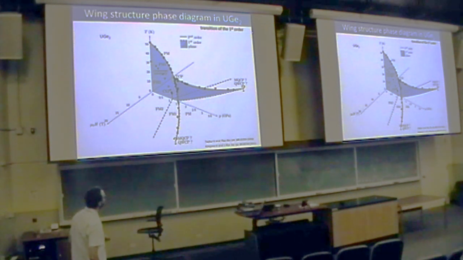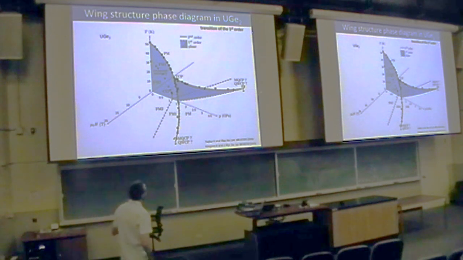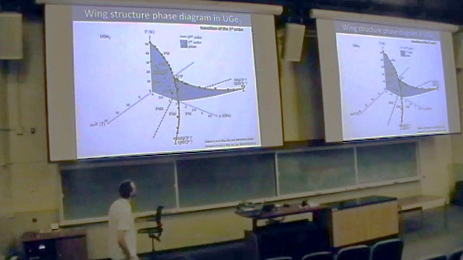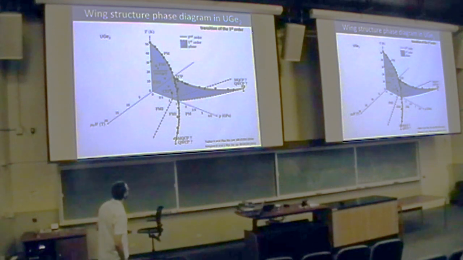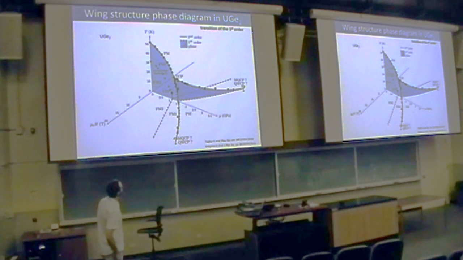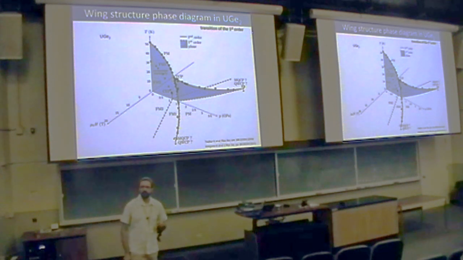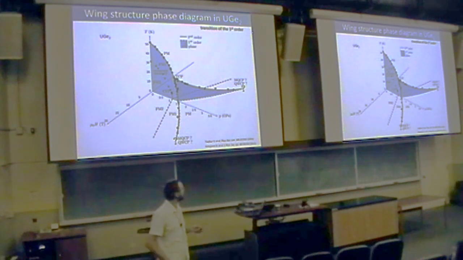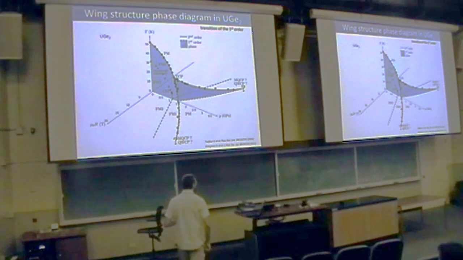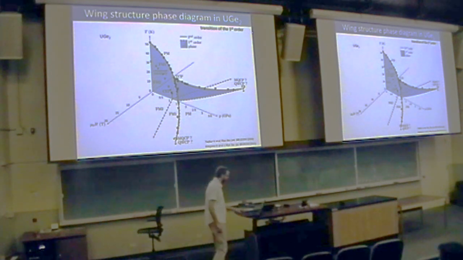And because it is new, it is still under debate how we call that, either a quantum wing critical point or a marginal quantum critical point. Now this is the experimental phase diagram. We call this a wing structure phase diagram because of the symmetry. This one is the one for uranium germanium 2.